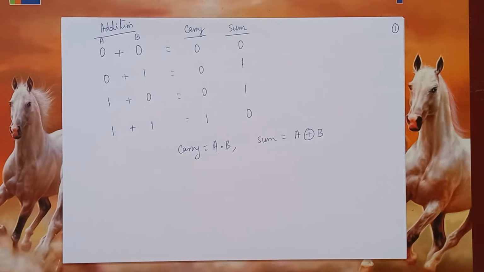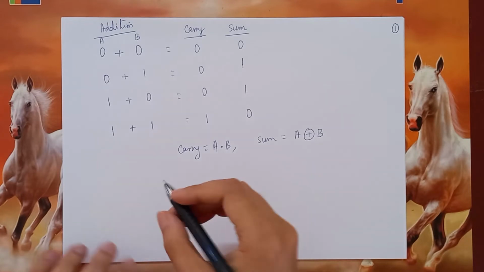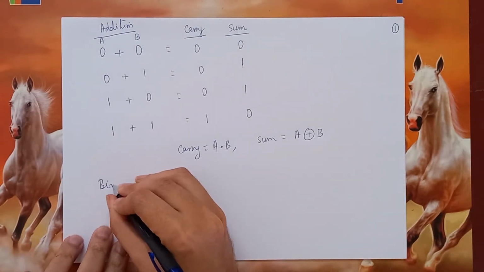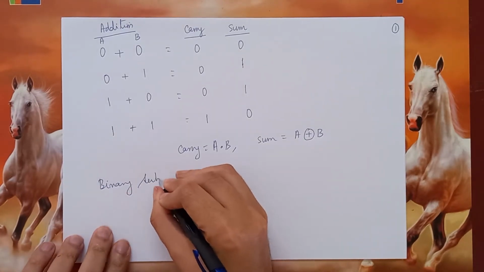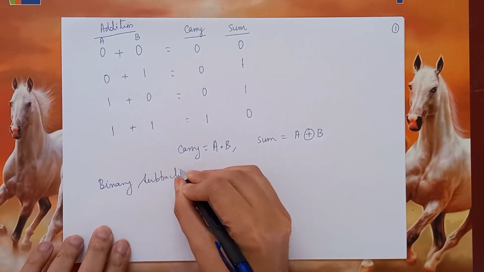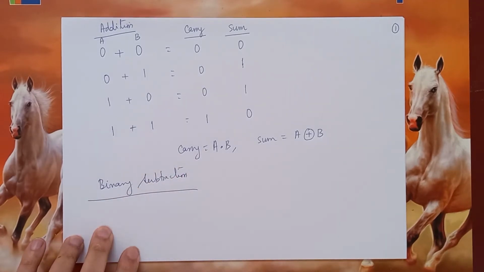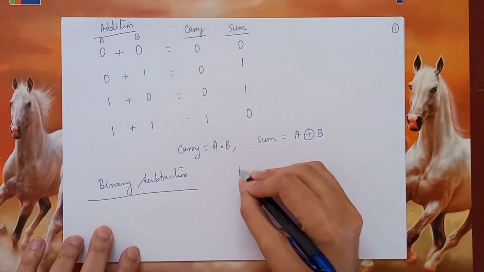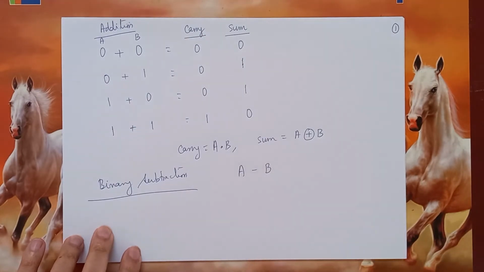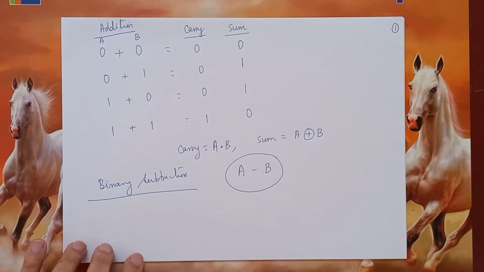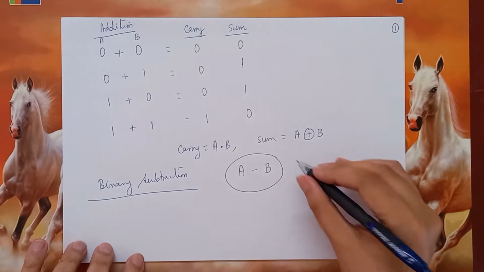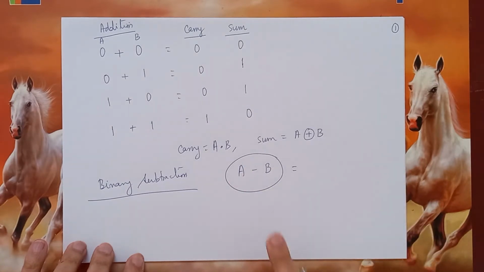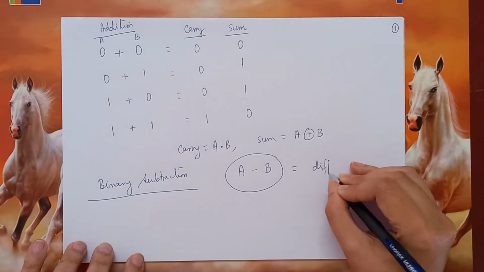Now, let us look at what is binary subtraction. So where we have, let us say, two bits, what we will do is A minus B. Definitely when I'm doing A minus B, now we will not have anything called a sum, we will have something called a difference.